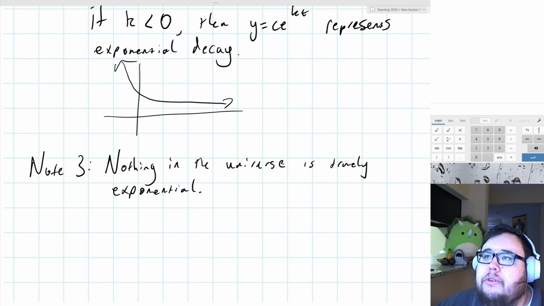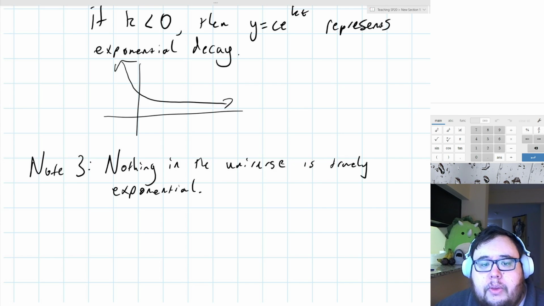If things in the universe were truly exponential, then eventually they would grow without bound, and exponential growth gets incredibly large eventually, always. So at some point all exponential models break down.